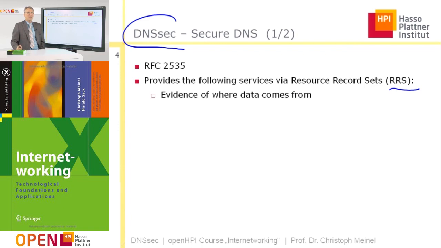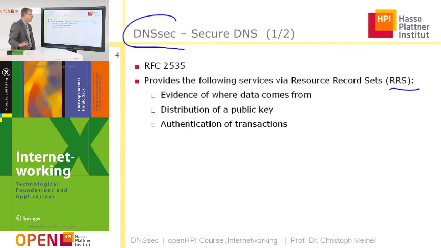The record sets provide evidence of where the data comes from. The method that is used is public key encryption, so there is a public key distributed, and by means of the public key, the signature of the sender of the IP address assigned to a domain name can be verified, and in this way the authentication of the transaction is secured.